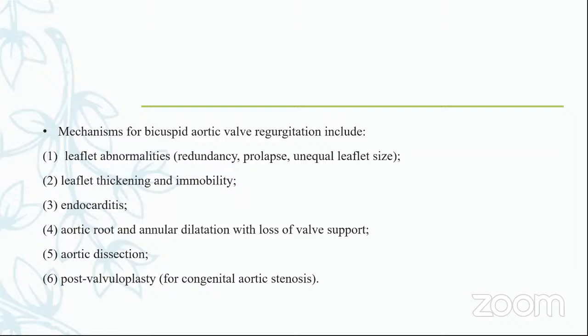The mechanisms of regurgitation in the bicuspid aortic valve can include leaflet abnormalities, leaflet thickening and immobility, endocarditis, aortic root and annular dilatation with loss of the valve support, aortic dissection, and post-valvuloplasty, and it is most commonly seen for congenital aortic stenosis.